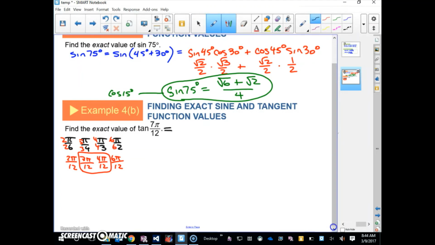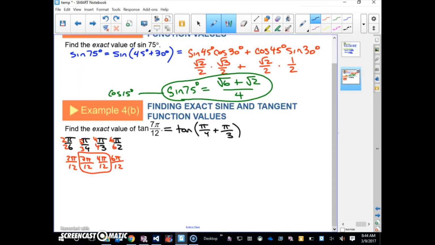Tangent 7 pi over 12 is going to equal tangent pi over 4 plus pi over 3. These are reduced versions. Pi over 4 plus pi over 3 would happen to be 7 pi over 12.